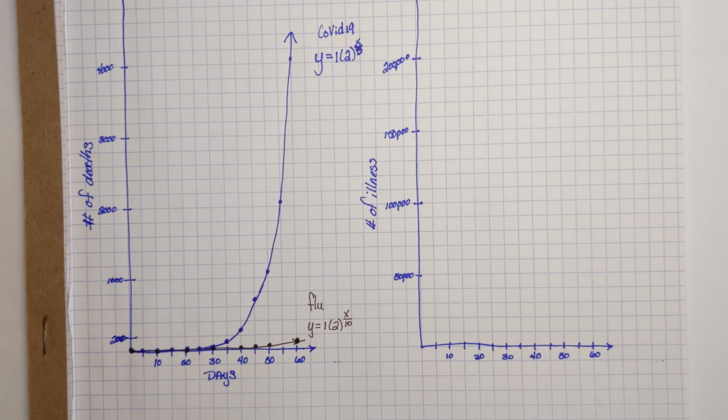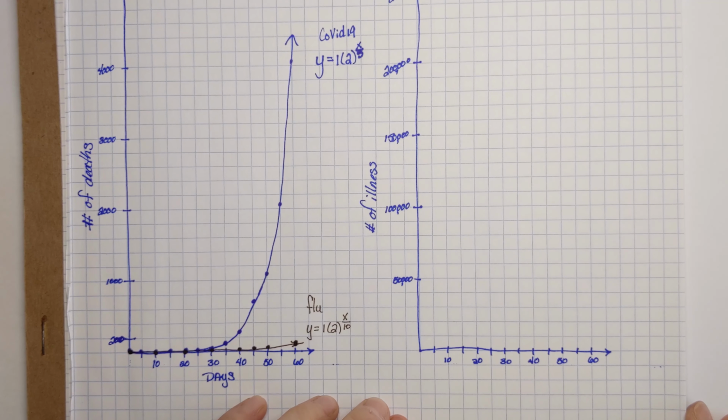Or I'm sorry, not 100, 1,000 illnesses. Because the death rate is 1% for COVID-19, and the percent for the flu is 0.1%. It's a tenth of that, or it's 1,000 people as opposed to 100 people.